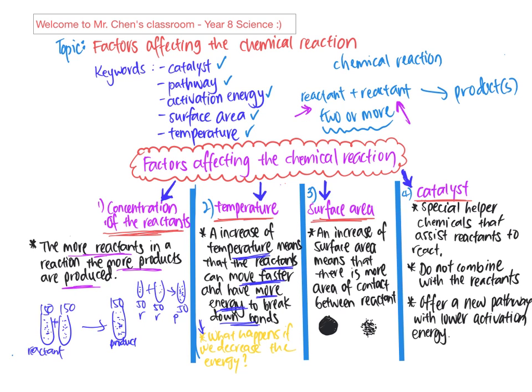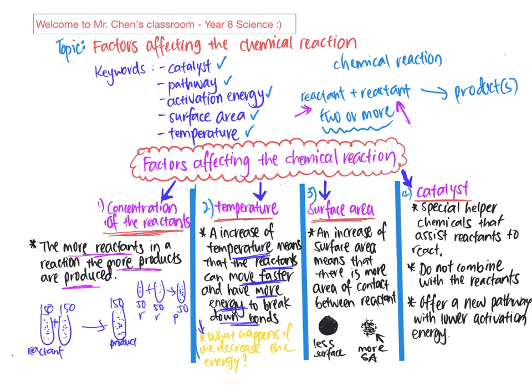Okay, this is actually the powder. What happened is this one has more surface area, this one has less surface area. Surface area here refers to the area that has been exposed to the outside.